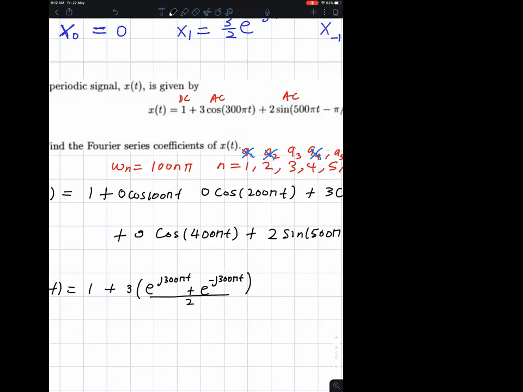So that is representing 3 cosine 300 pi t. The 3 is outside here, and cosine 300 pi is this.